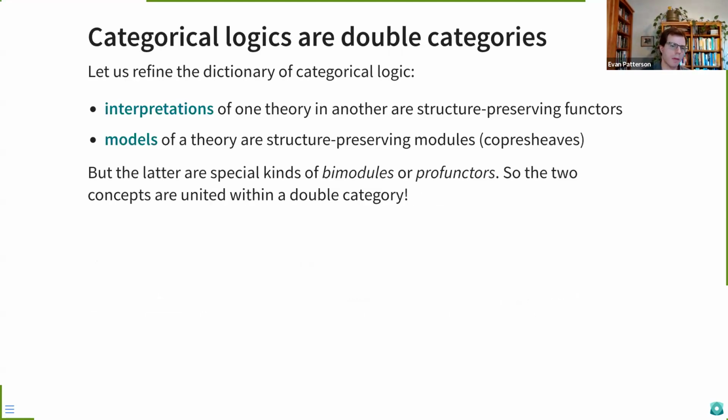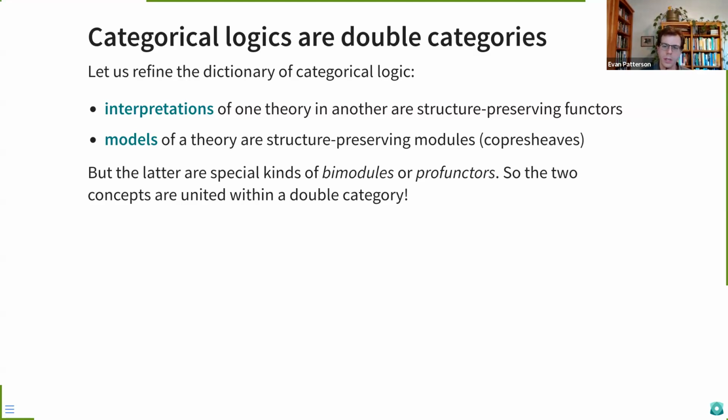So one way to think about this is that we ought perhaps to consider refining the standard dictionary of categorical logic to distinguish between, on the one hand, interpretations of one theory in another as being kinds of functors, whereas models of a theory are perhaps thought of as modules or co-presheaves over the theory.